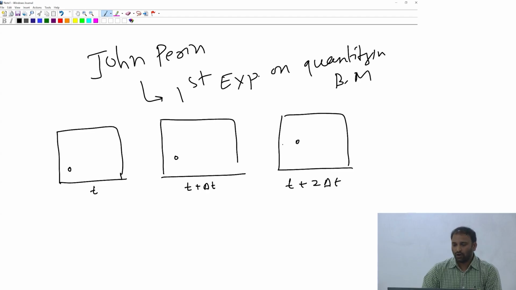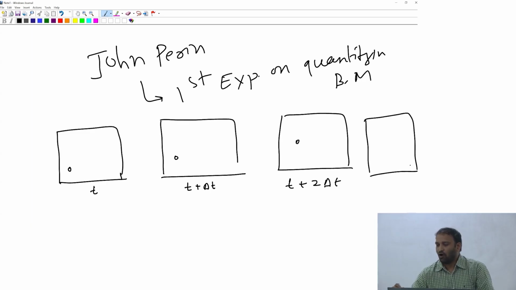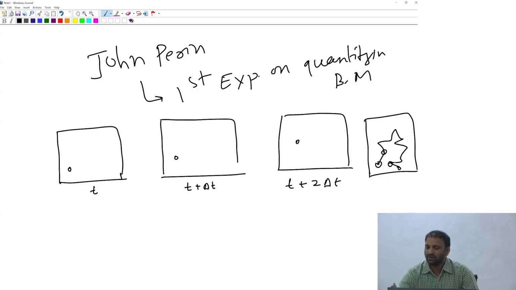In the end he came up with a picture of the location of the particle as a function of time. It was exhibiting some chaotic motion. He had the information about the delta t between the two frames he was considering, and he had tracked the particle, so he had access to the particle position as a function of time.